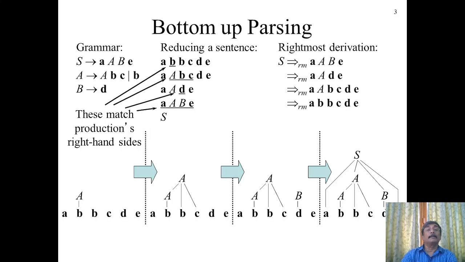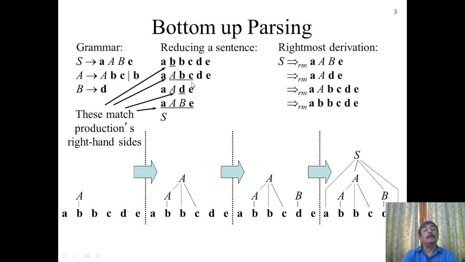In a bottom-up parsing, if we have the grammar and we have a sentence like this, you can see that a, b, b, b, c, d, e. Now I want to find out a handle. Now a handle is a substring here, which when replaced by one of these rules, so therefore the handle must be the RHS of some rule, but any RHS of any rule is not a handle.